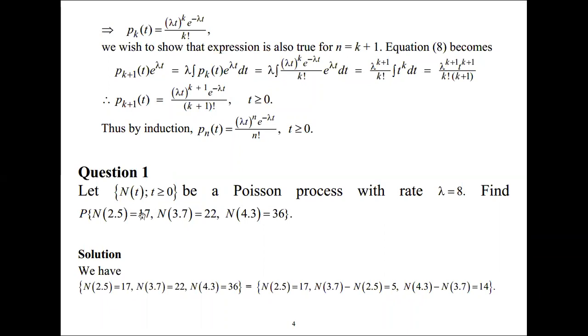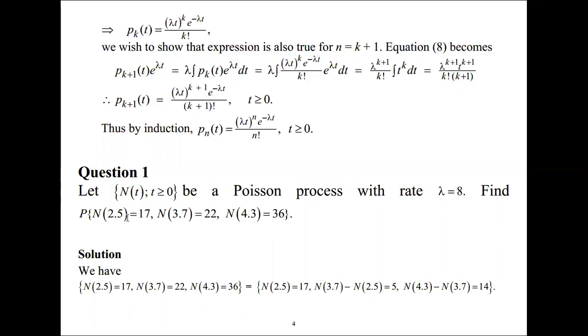They say find the probability that the number of events occurring from time 0 to time 2.5 is 17, the number of events occurring from time 0 to time 3.7 is 22, and the number of events occurring from time 0 to time 4.3 is 36. So you should find this probability.